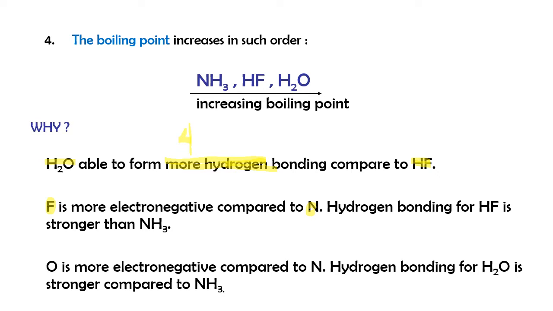And then oxygen is more electronegative compared to nitrogen. And you can see the arrangement is H2O. Hydrogen bond in H2O is the strongest. So it will result in the highest boiling point.